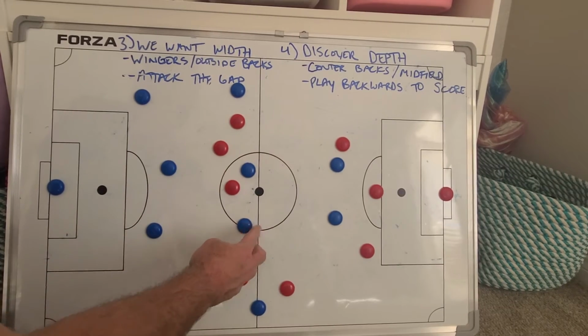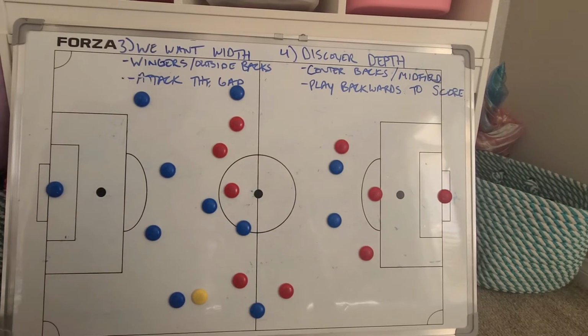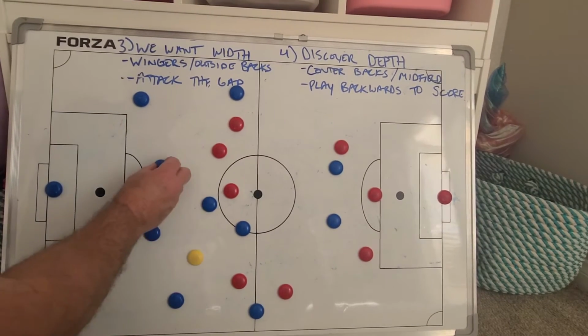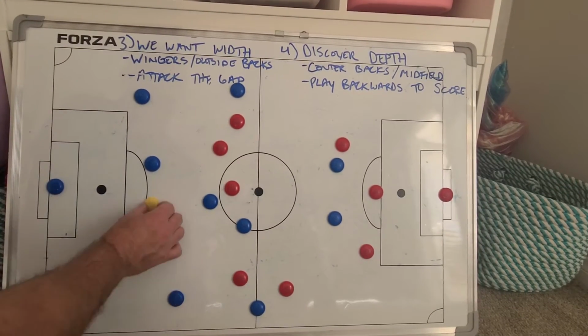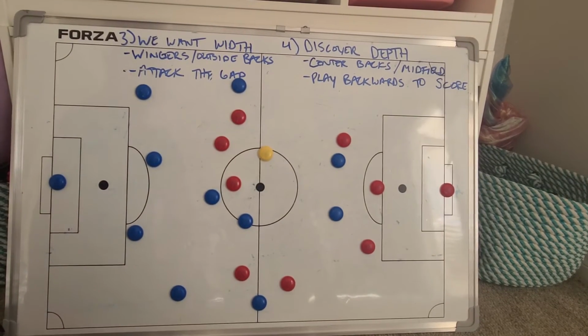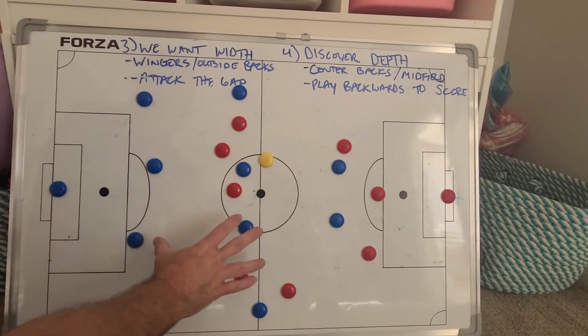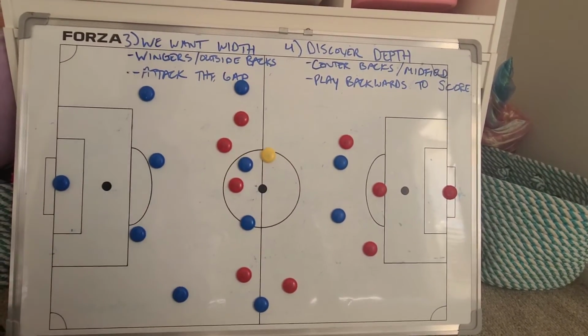If we're in this flat position, we only have one passing option. We can create another passing option by this person checking in and passing here. We could also do a pass back here and cross it off the other side in those cases. So that's what I mean by having the center backs and the midfielders work together and create this depth, this spacing here to create different passing combinations.